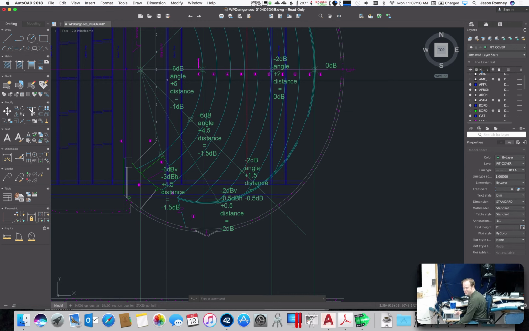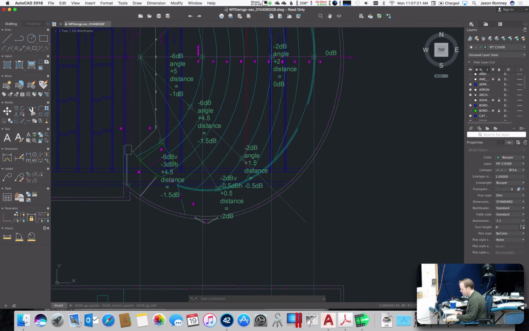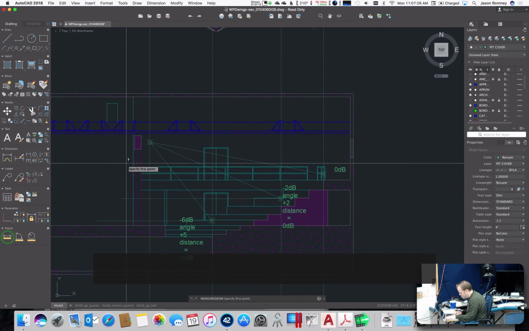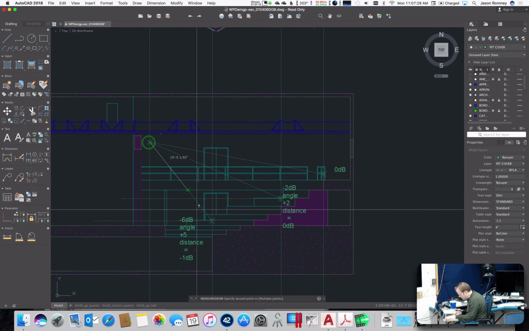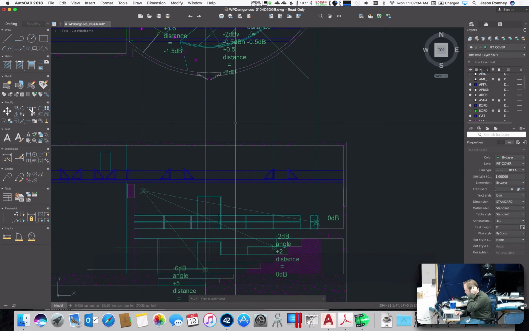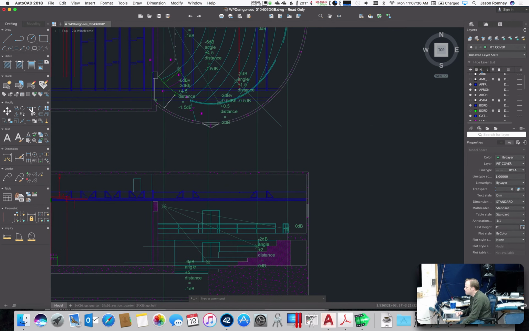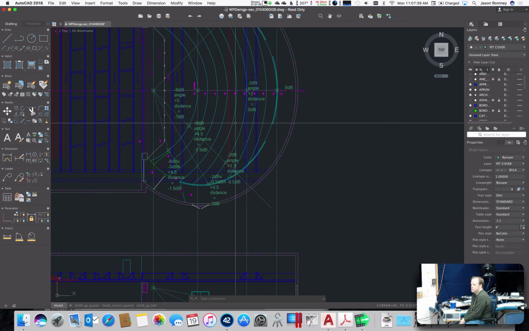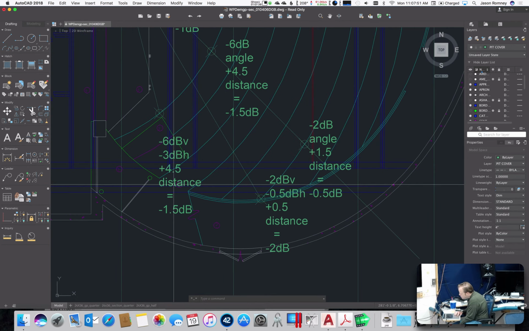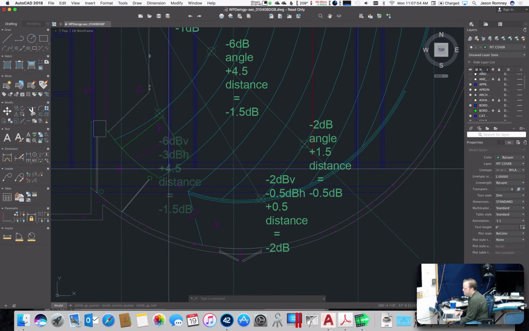Everybody else get that? 25.66? All right, so 25.66 as compared to, anybody remember what the distance to front row center was? Yep, 22. So what is the dB difference between 22 and 25.66 feet? It's going to be a little bit quieter. 1.34. So that means by distance, I can take 1.34 off of that plus 4.5, right?